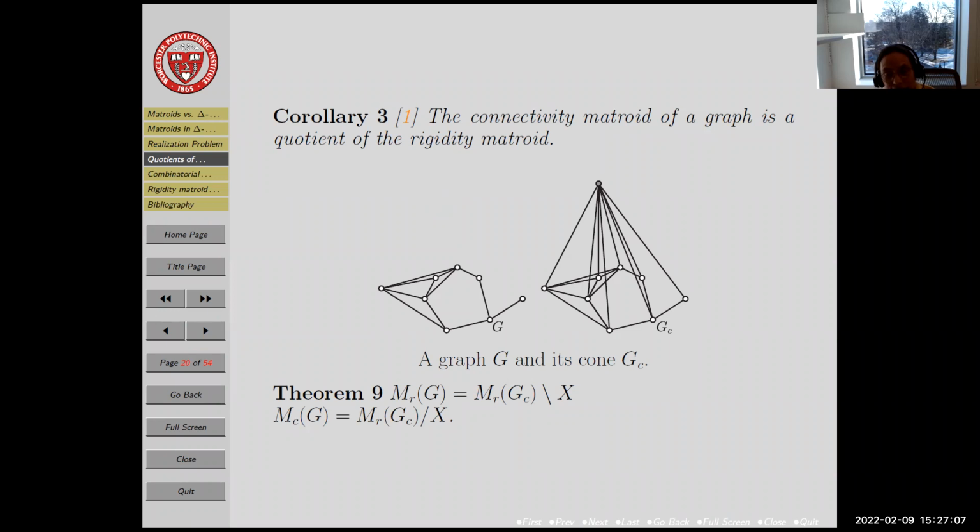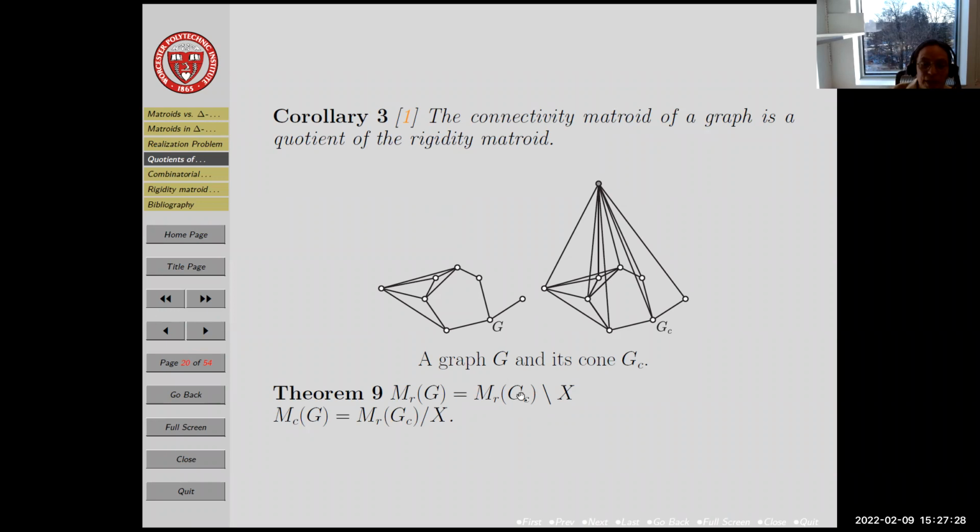And now if you take these new vertices, new edges that you have created to be your set X, then it is easy to show that the rigidity matroid is actually this coned graph with X deleted.